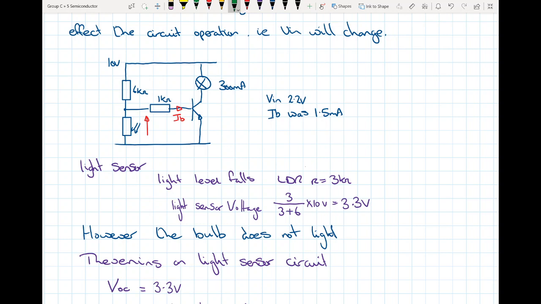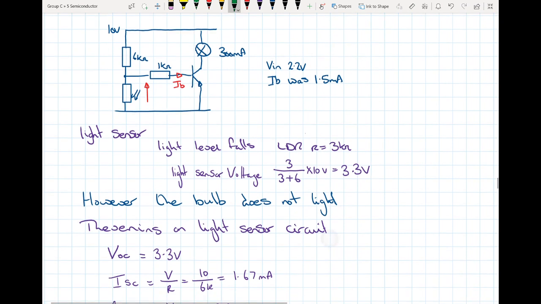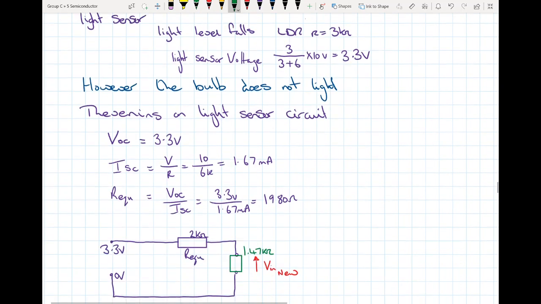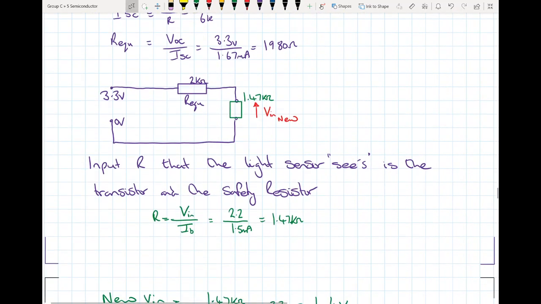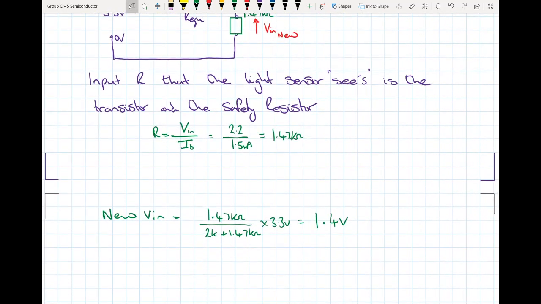There was a loading of the circuit, and actually when we connected the two circuits together, instead of having 2.2 volts there as our Vin, as we've just worked out, we had only got 1.4 volts as our Vin, which meant that we're no longer saturated, we're somewhere within the linear region.